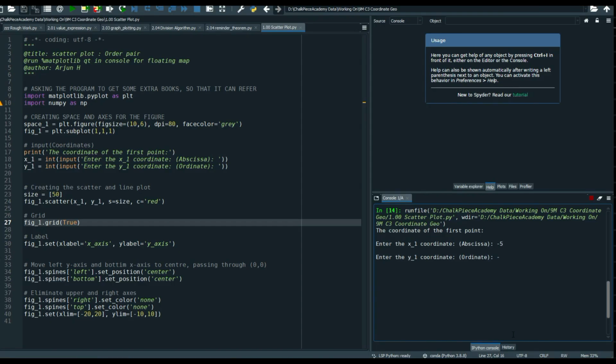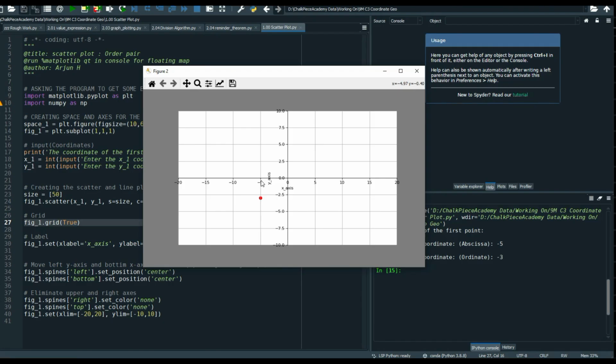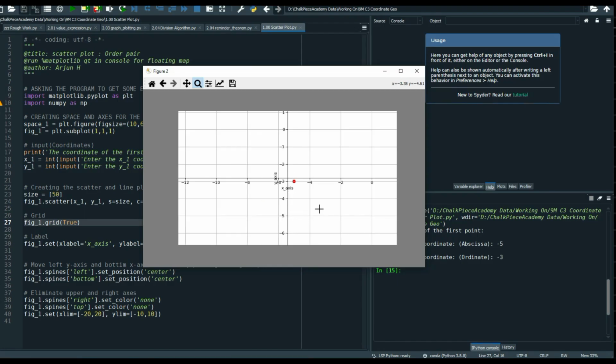-5, -3. Now think about this. It's quite simple. The question is, is 5 left or 5 up or down? Is -5 down or is it left? Okay, let's see this. -5 is to the left and -3 is down. Again, you can have a look by zooming in.